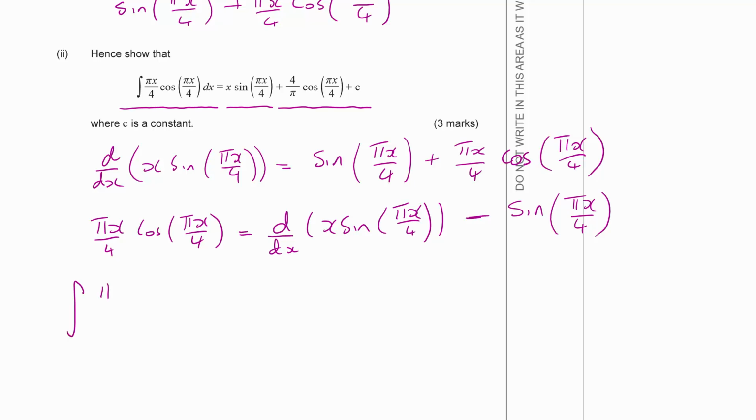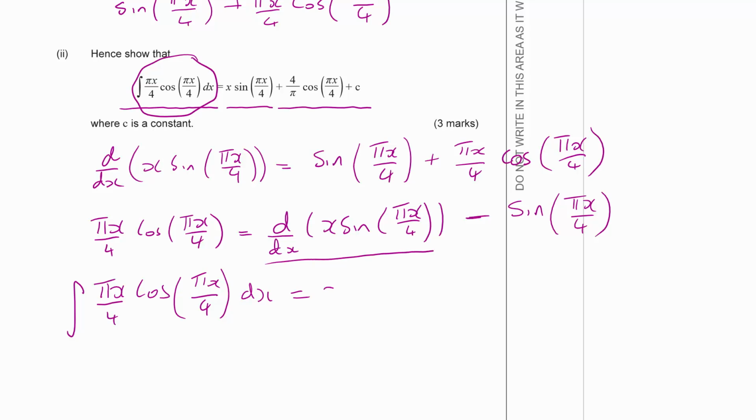So the integral of pi x on 4 cos pi x on 4 dx, so that's that bit, would be equal to, if we integrate this, we just get x sine pi x on 4, which is that bit.